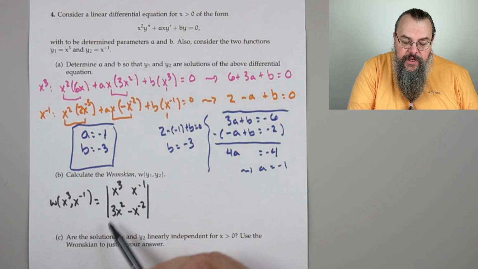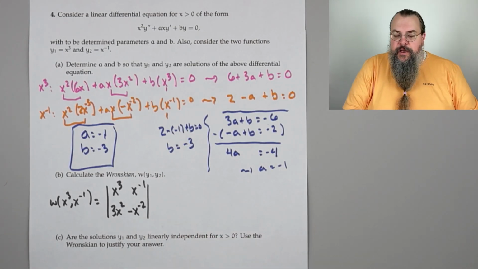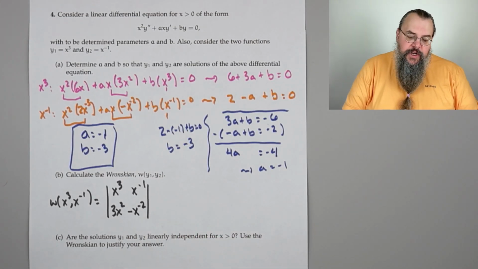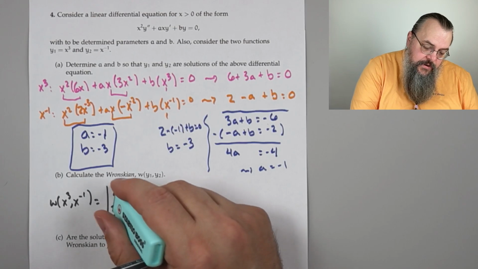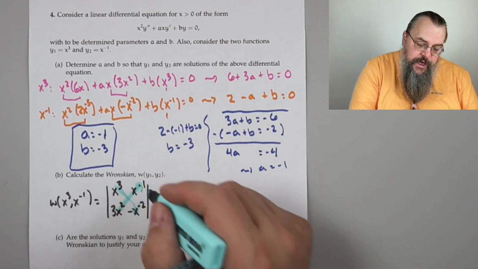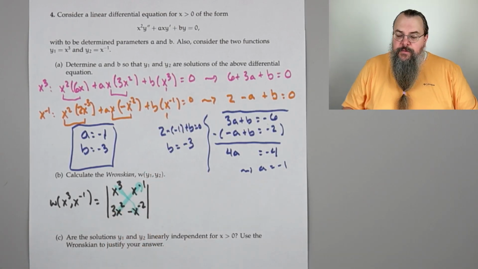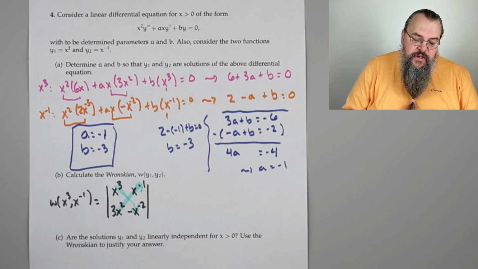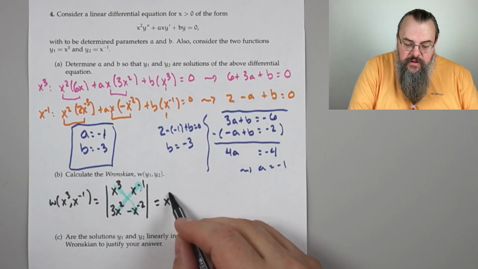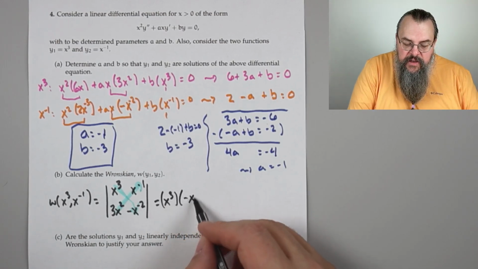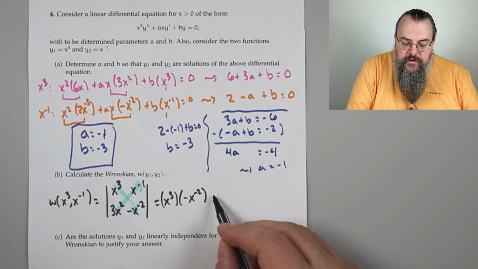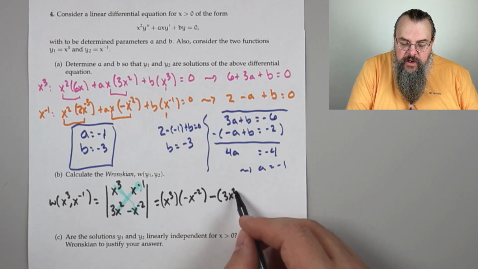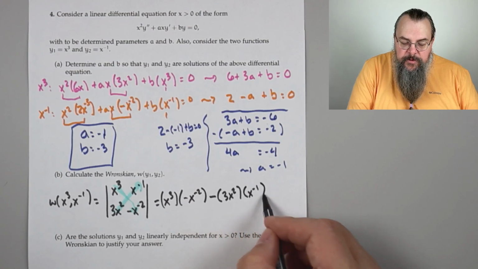All right, now taking your 2 by 2 determinant, and remember, how does that work? We're going to take our diagonal going down, our diagonal going up. So we get x cubed times minus x to the -2. And then we're going to subtract 3x squared times x to the -1.